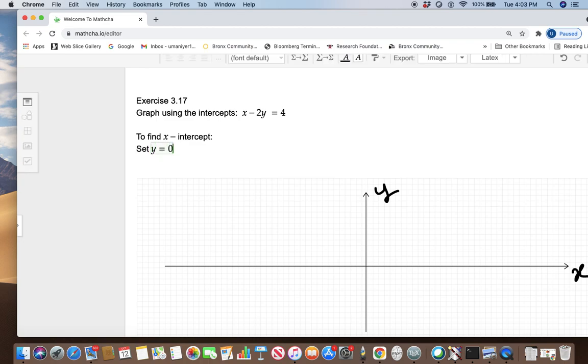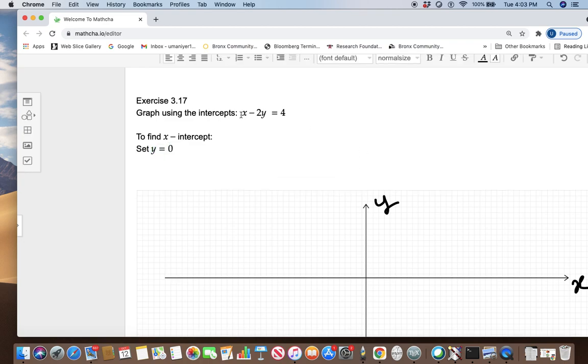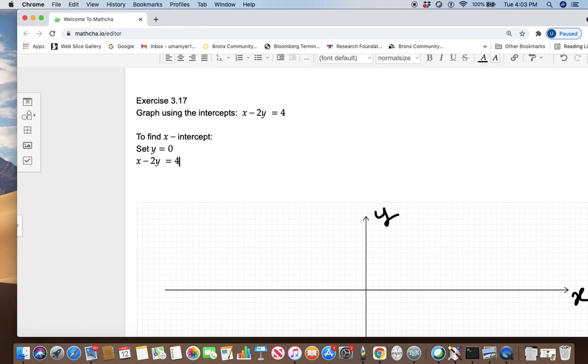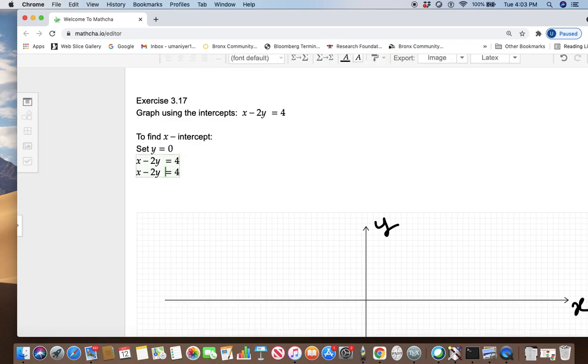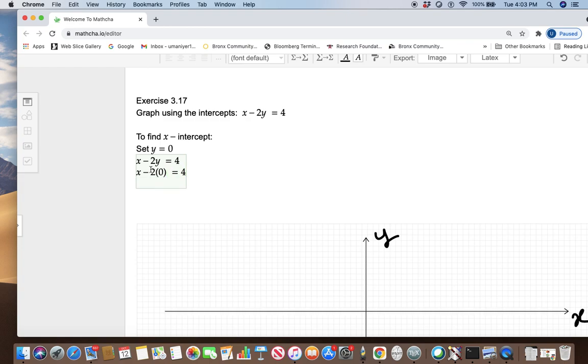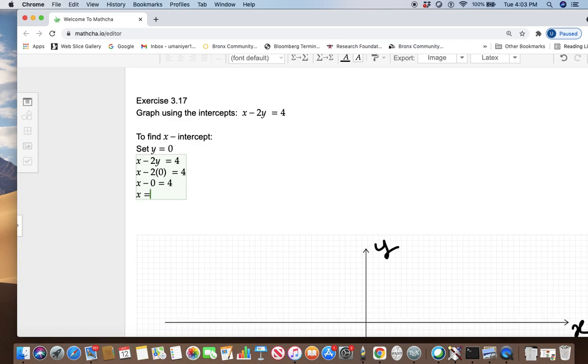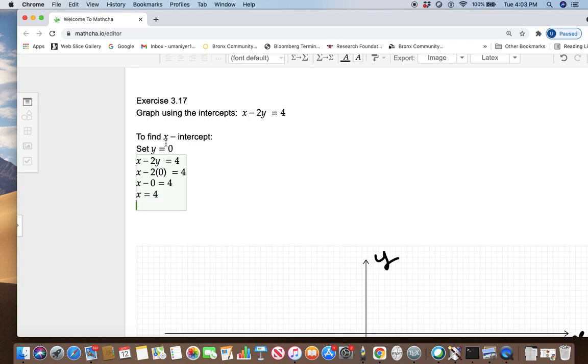Set y to 0 in your given equation. Notice 2 times 0 is 0. You're left with x minus 0 is 4. That is x equals 4. So you have your x-intercept. X coordinate is 4. Y coordinate is 0.